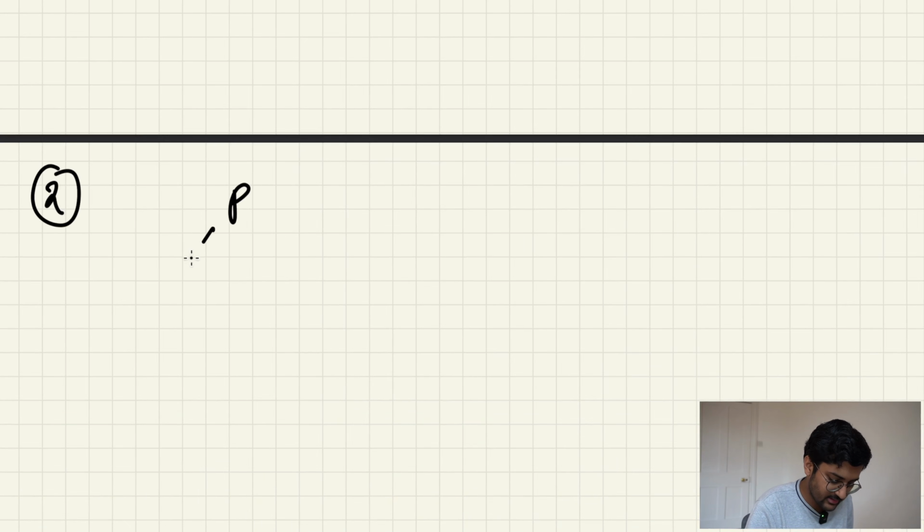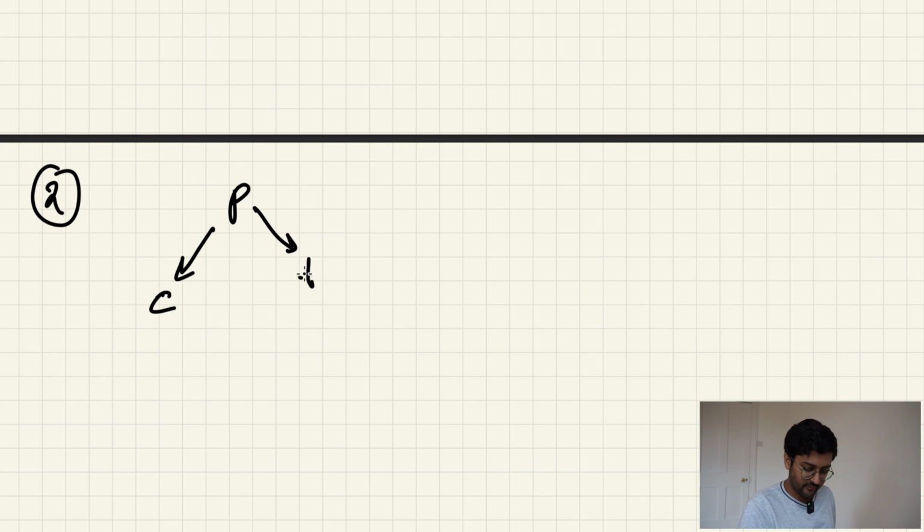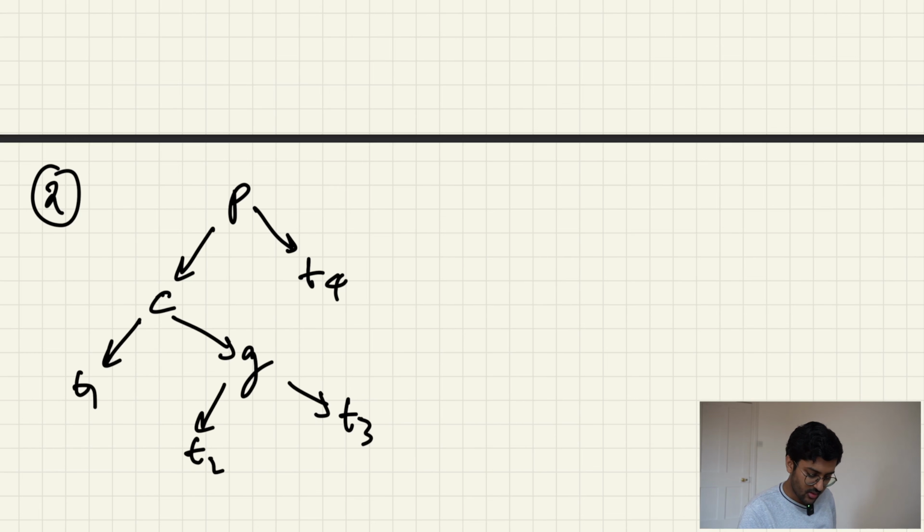Case number 2. Let's say parent like this, you have child like this, and let's say here you have T4, and now you inserted something, there was a tree over here, T3, and let's say you inserted an item over here. Then the item inserted in that lane, the child of child, is going to be the grandchild. T3, T2, T1. These are subtrees.